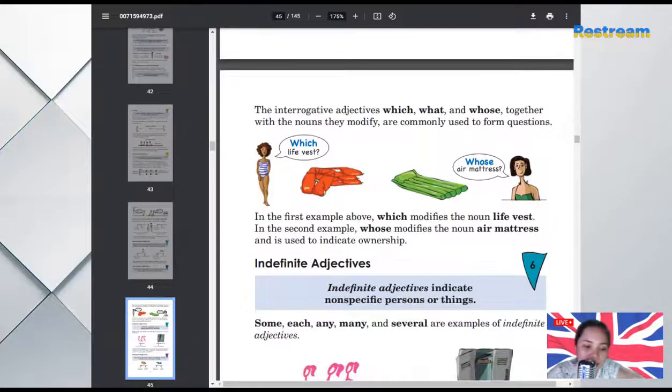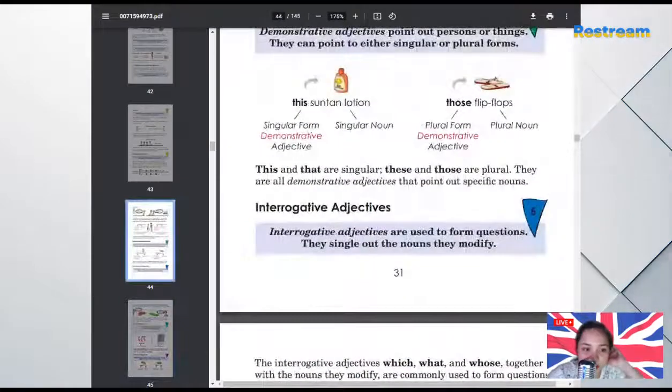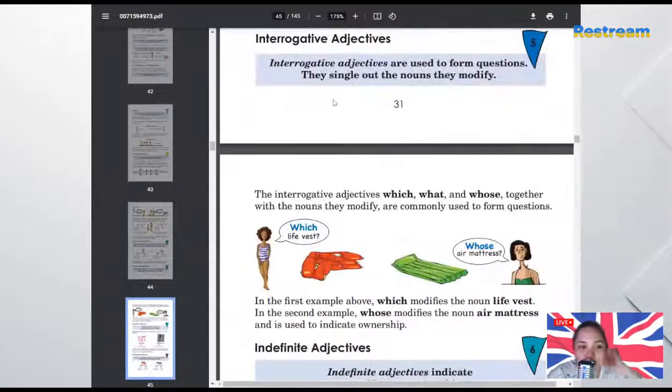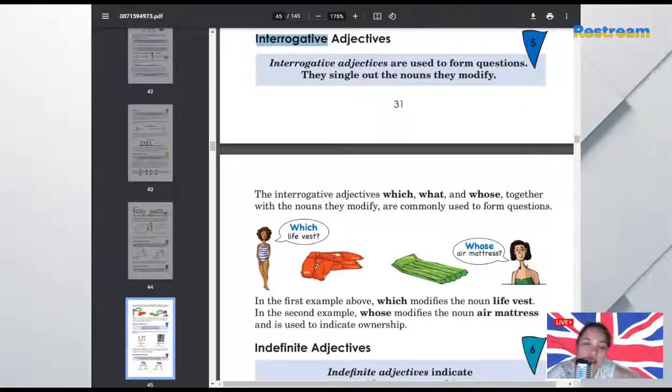Just a quick reminder, when we say interrogative, it means you're interrogating. When you are interrogating, you are asking questions and at the same time they are answering you.